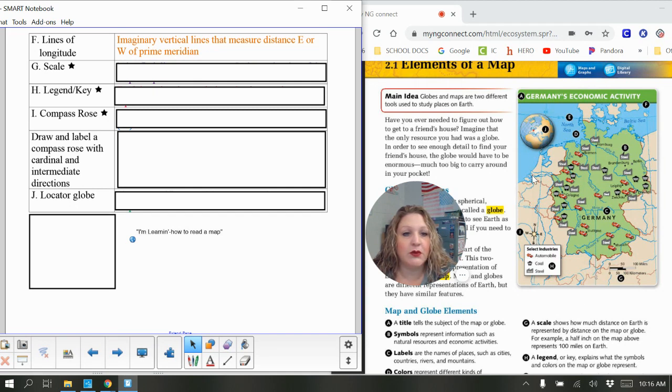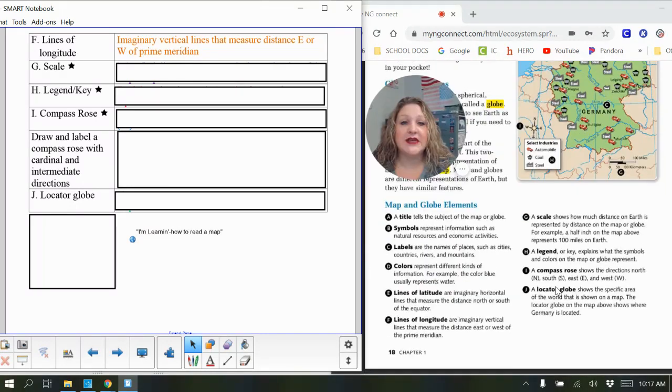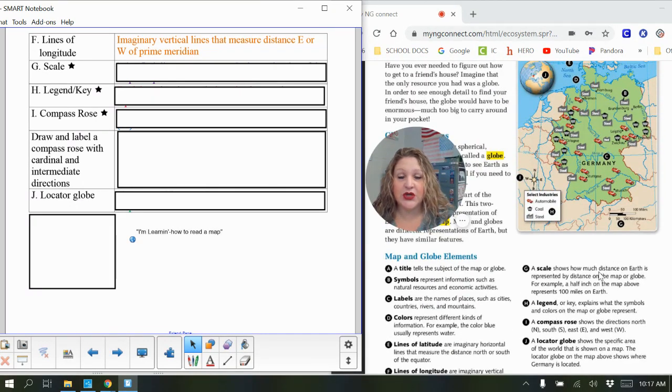And then there's another one right here that goes all the way down. So line of longitude is the opposite of latitude. So these lines are going to go vertical, okay? So they're going up and down or north and south, and they are measuring that distance east and west of the prime meridian. And remember, we learned about the prime meridian also in our continents and oceans lessons that we were working on.